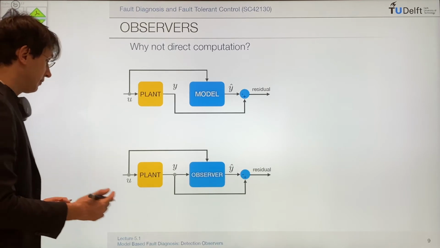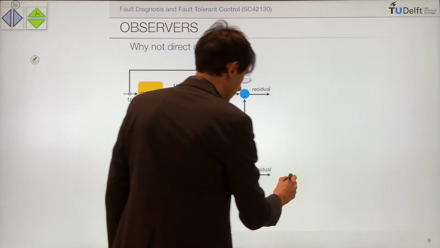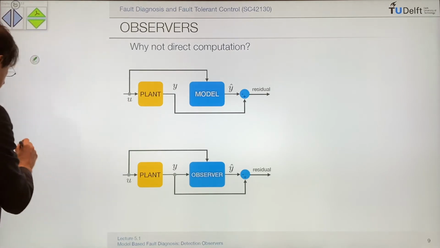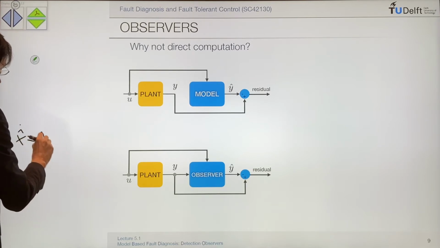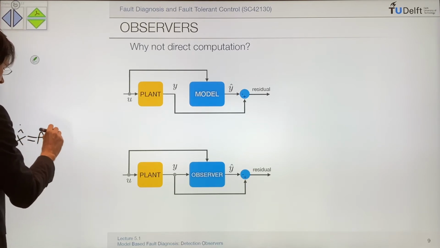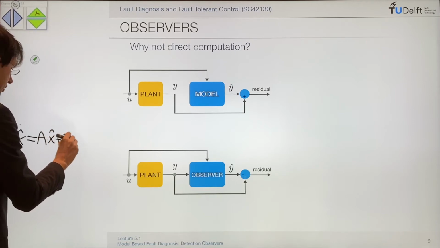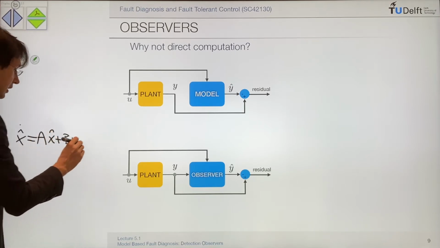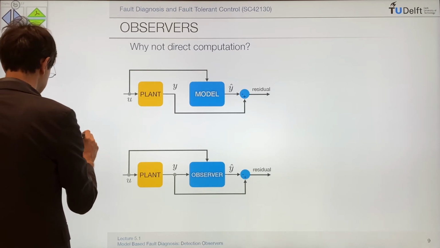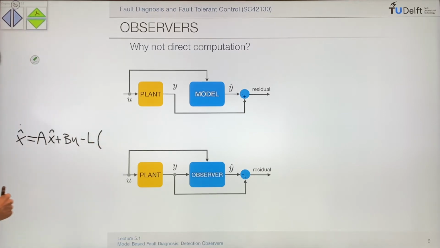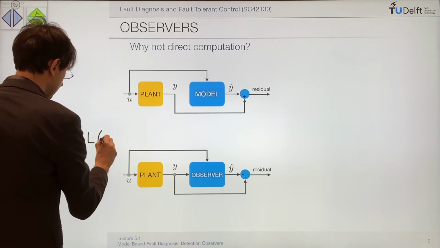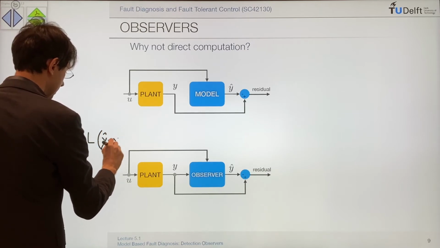So in an observer, you have something like this. Let me write here. So for a linear system, the observer is something like this. You have the nominal equation computed using the estimated state, and then you have a feedback term with some gain L, where you have your estimation minus the measurement.